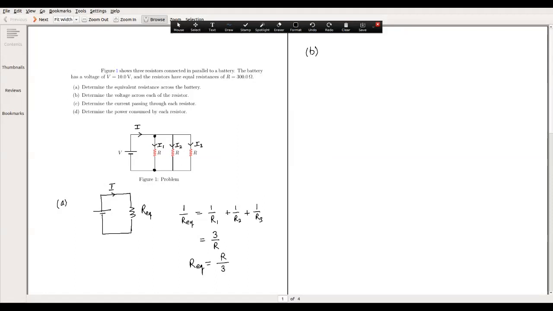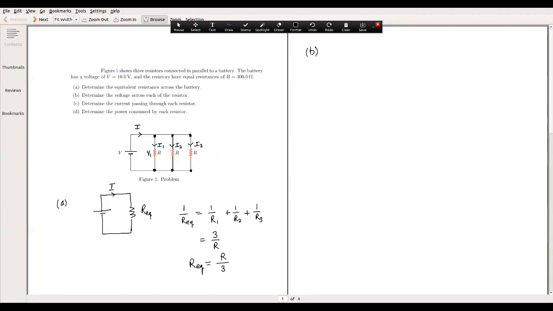That's V1. That's equivalent to asking how much energy is needed per electron to go from the point marked here to point B. And the same thing goes for V2 and for V3.